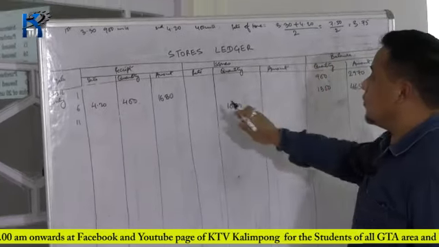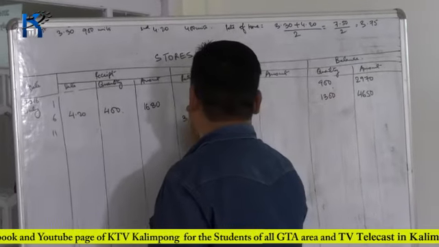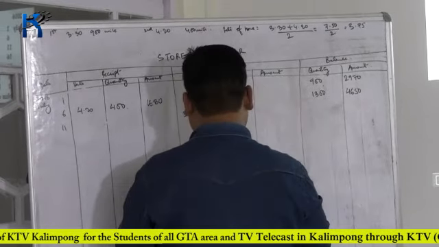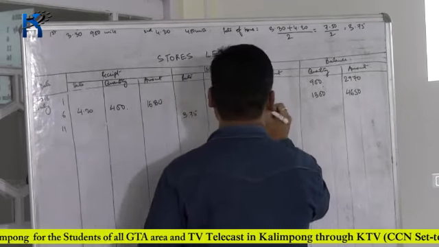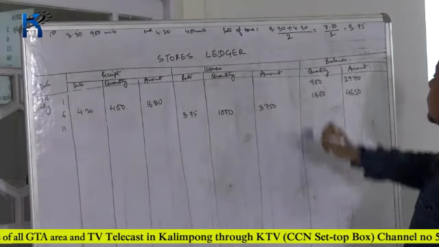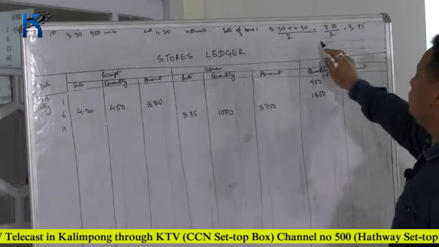So the rate that is being issued on 11 is 3.75 into 1000 amounts to 3750. So this is the method of how you calculate the rate of issue.